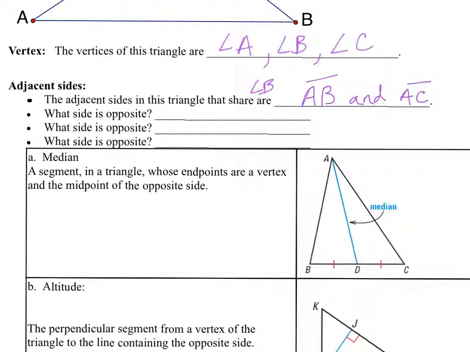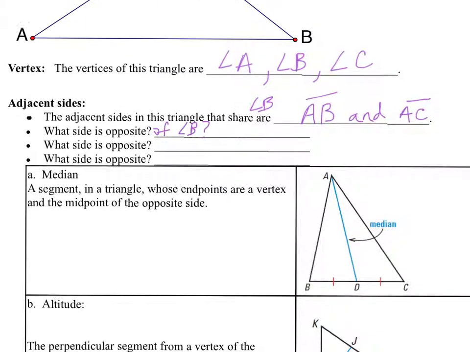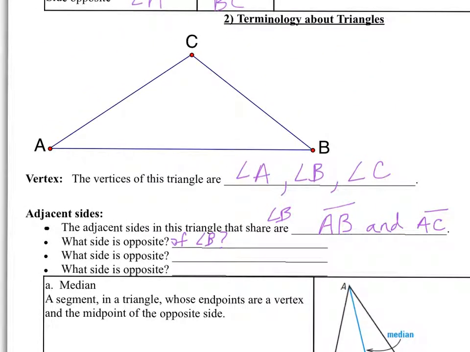What side is opposite of angle B? If you look here, angle B is here, and opposite is all the way across the triangle. So opposite angle B is line AC. Which side is opposite of angle A?